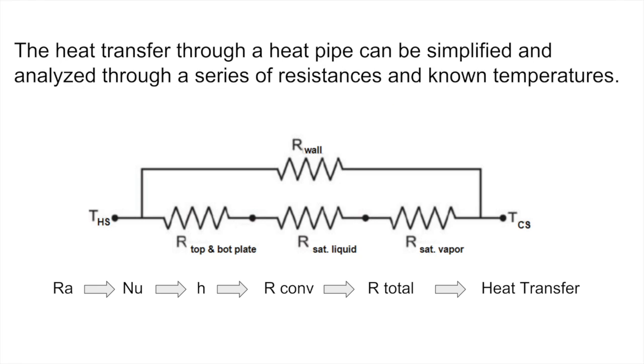The heat transfer through a heat pipe can be simplified and analyzed through a series of resistances and known temperatures. There is heat transfer directly from the hot surface to the cold surface through the wall of the copper tubing. That resistance is in parallel with the other three resistances. There is a convection resistance of the water as well as the vapor, provided that the Rayleigh number is high enough.